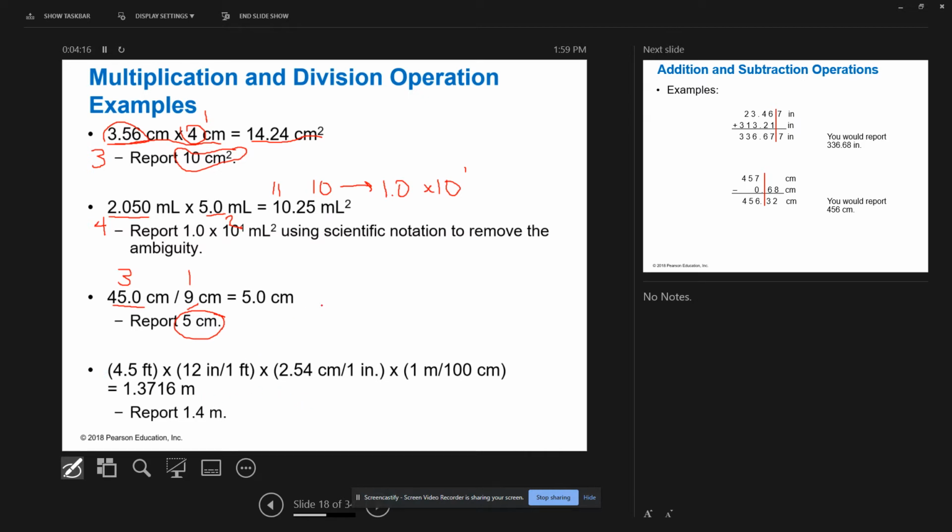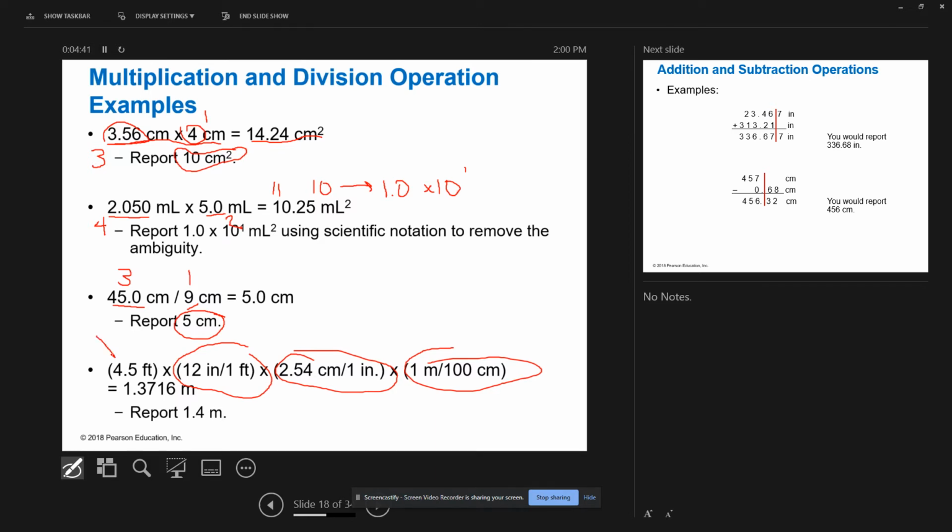Okay. Now on this one here, I want to show you something. Remember we talked about conversion factors do not count with significant figures. So this here, this here, and this here, those are conversion factors. They don't participate in how many significant figures we should have at the end.